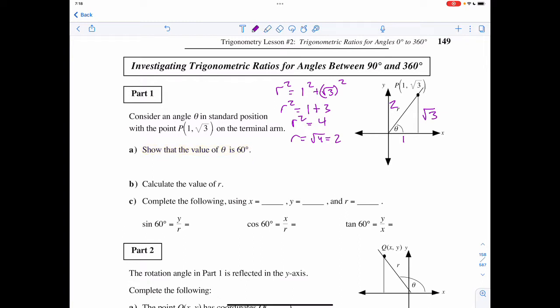Well, we know that tan of theta is equal to the opposite, or the y value, divided by the adjacent, or the x value, which means that the angle, when we isolate it, is equal to tan to the negative 1 of that ratio, which is in fact 60 degrees.